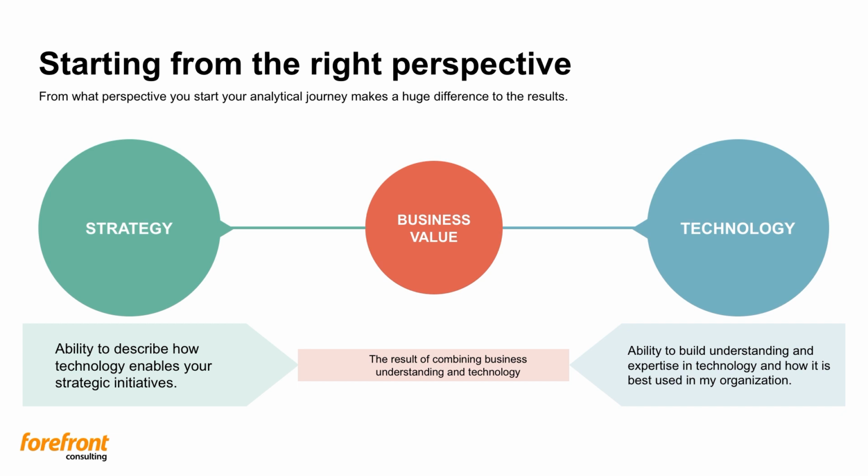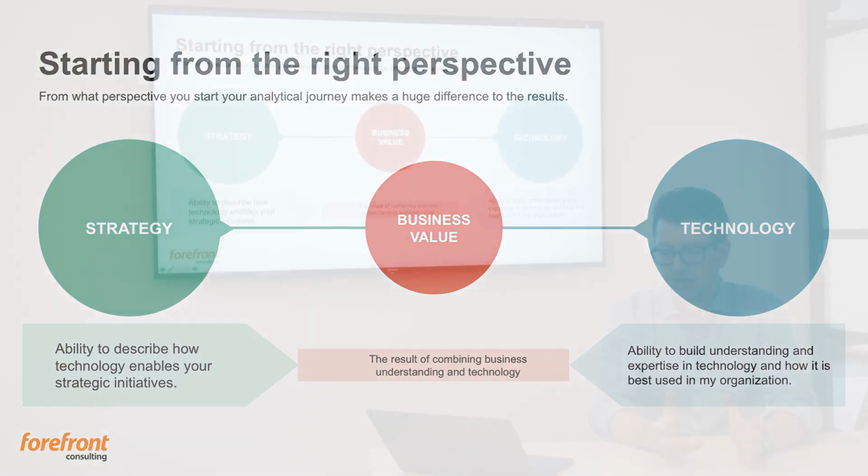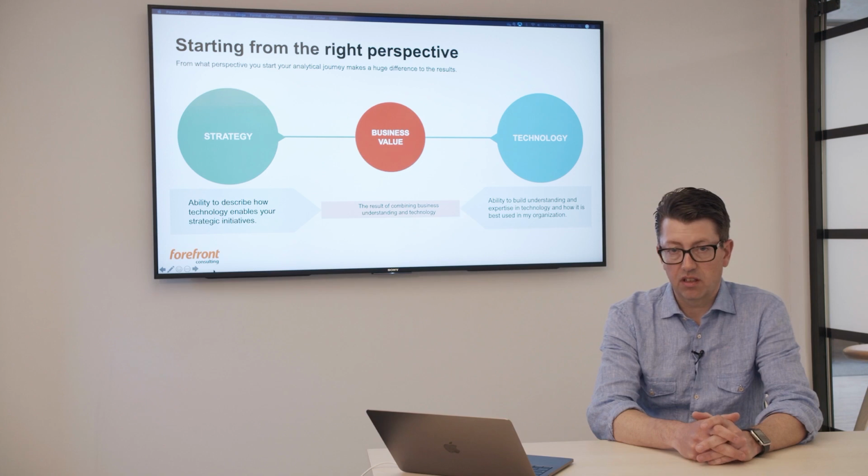But what's really important is that you also understand what strategy you would like to accomplish, what business model, and what solution you would like to build. So when you combine these three things, coming from the right perspective is to describe what technology enables the strategic initiatives. That is the main thing, so you can gain the business value from that.